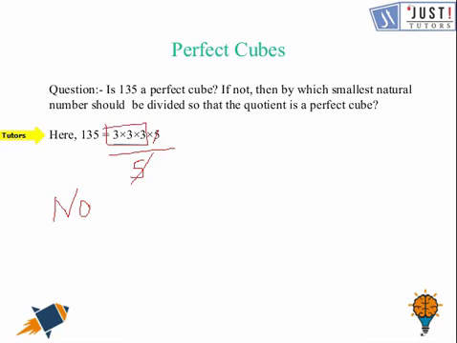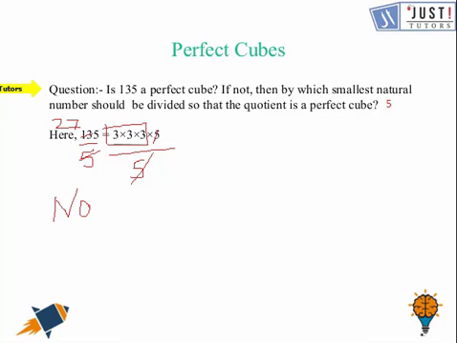If you're dividing this side by 5, you need to do the same here as well. So divide this by 5 and this will become 27. We just need to find the smallest number, and we got that, that is 5. In this manner you can find answers for many such questions.